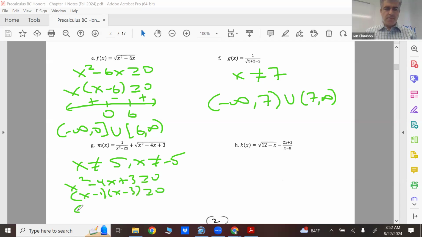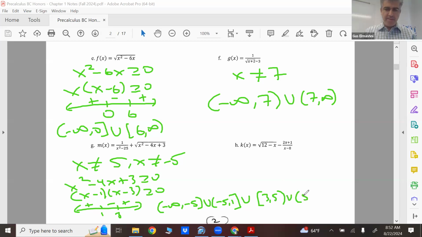It's excluding 1, 2. Everything on one, three works. It's a doozy, just so you know.